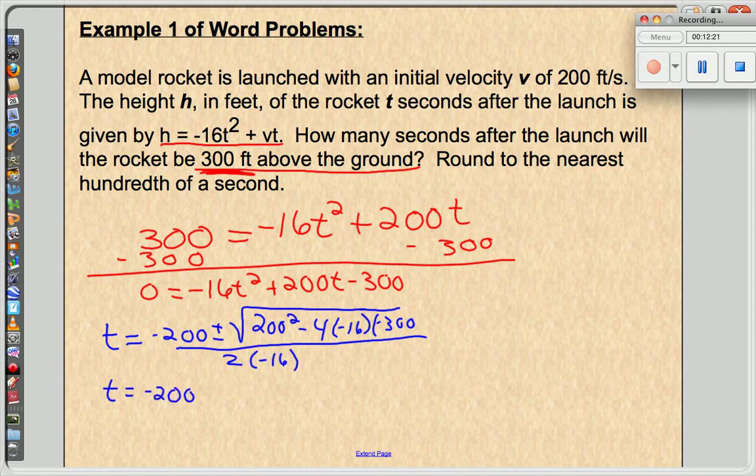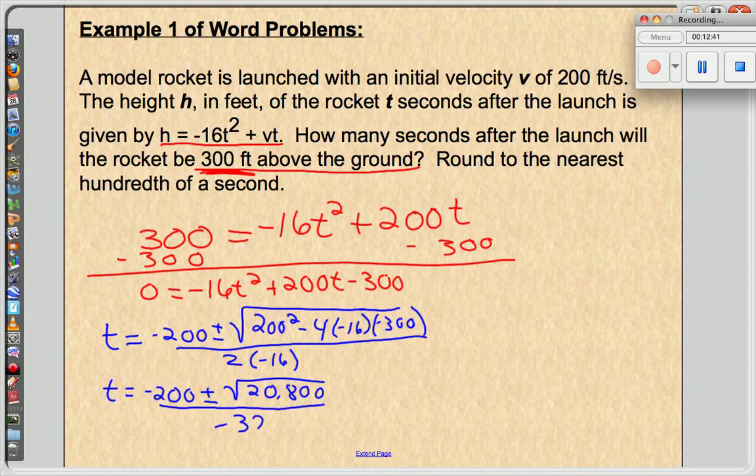Simplifying things, I get t equals negative 200 plus or minus, if I do all of that in my calculator, basically the discriminant. So if I do 200 squared minus 4 times negative 16 times negative 300, I end up with 20,800.